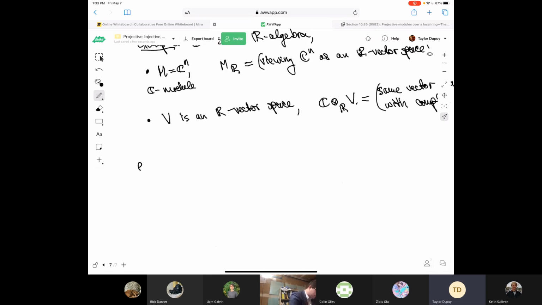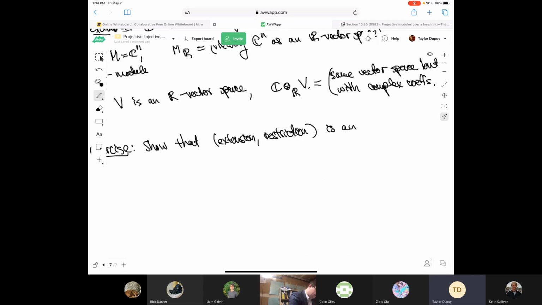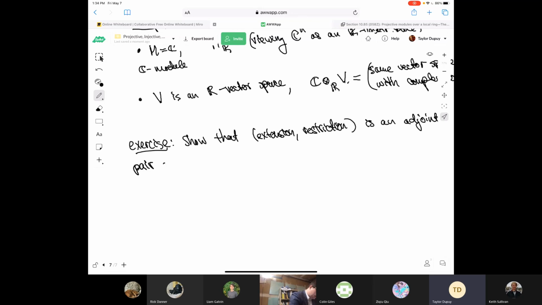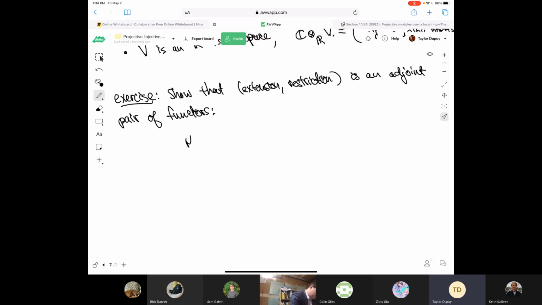Okay, so exercise: show that extension and restriction is an adjoint pair of functors.